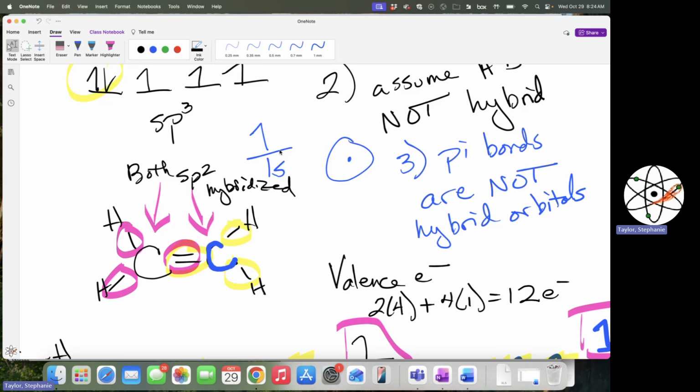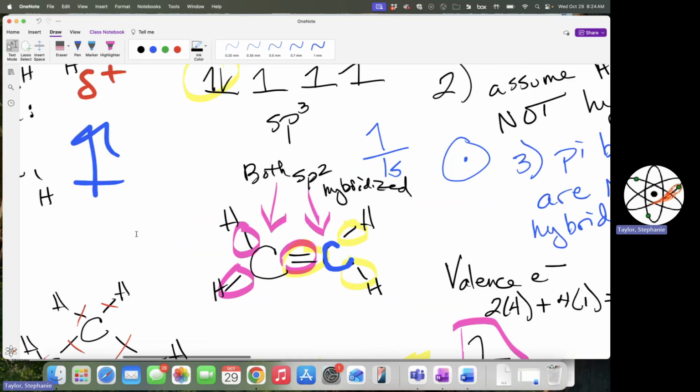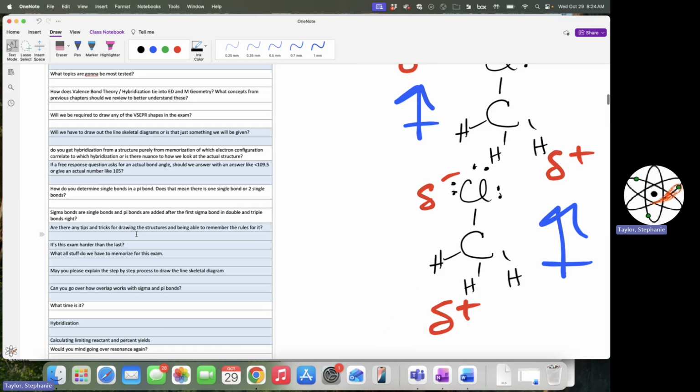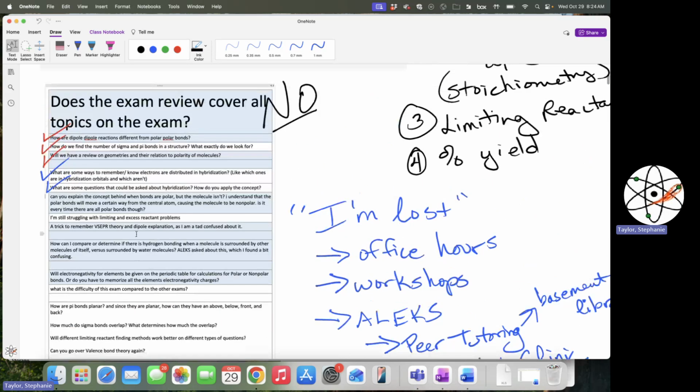So there's a lot of different words that could go along with all of that, in addition to counting. There could also be statements like there are 12 electrons all in hybrid orbitals, which would be incorrect because some of those hydrogens should be unhybridized.